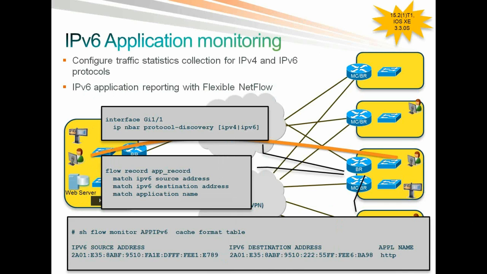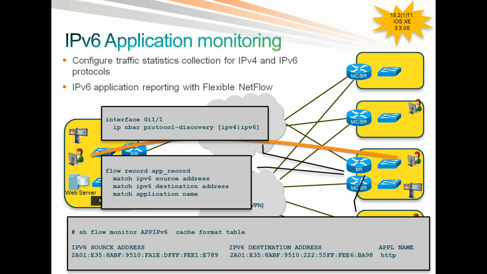And the final slide, guys, IPv6 application monitoring. The NBAR and FNF integration for quality of service has come so far as to recognize that IPv6 is extremely important. We need to take IPv6 traffic into account also when we create our QoS policies.